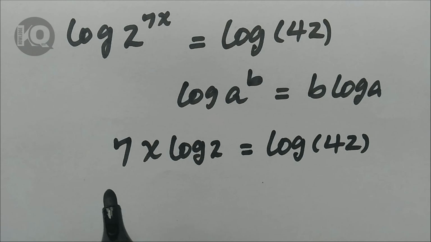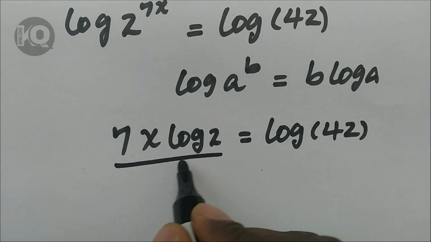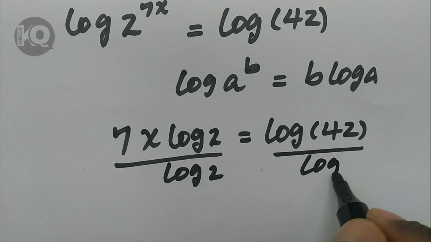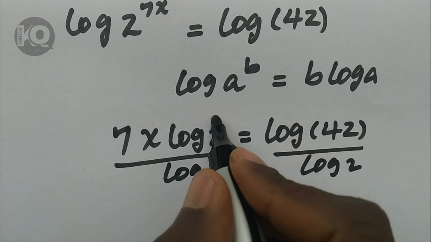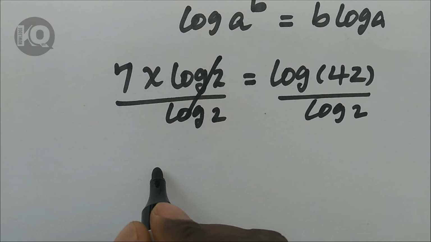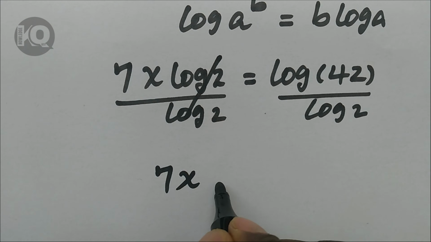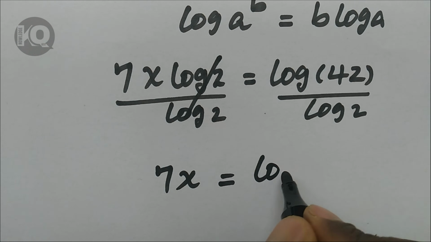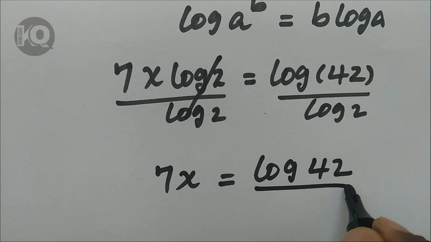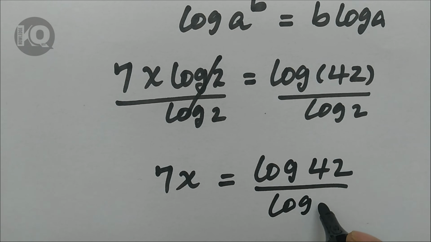Now let's divide both sides by log 2. So it is cancelled out, and the remaining will be 7x, which is equal to log of 42 divided by log of 2.